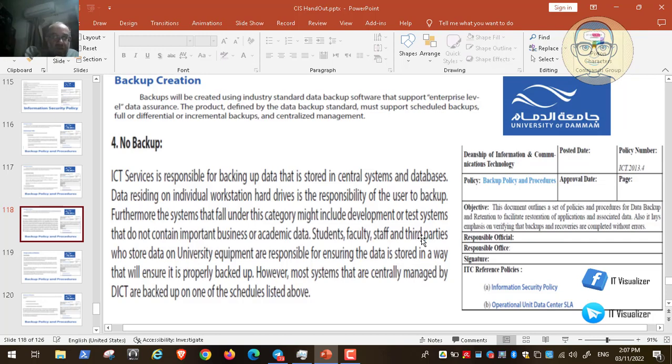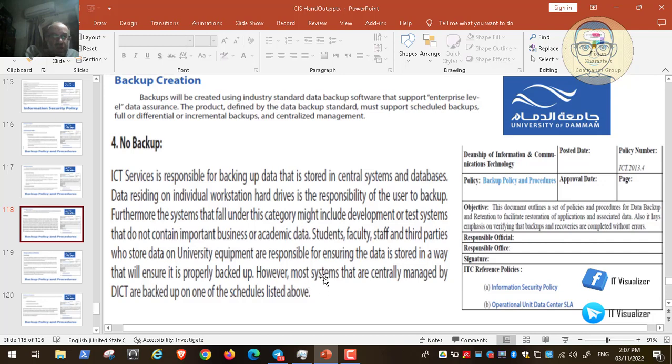Students, faculty, staff, and third parties who store data on university equipment are responsible for ensuring data is stored in a way that will ensure it is properly backed up. So he's saying that local data on the local hard disk will not be backed up, so users should be aware that for any data to be backed up, it should be on the file server of the university, or in a centralized system within the university.